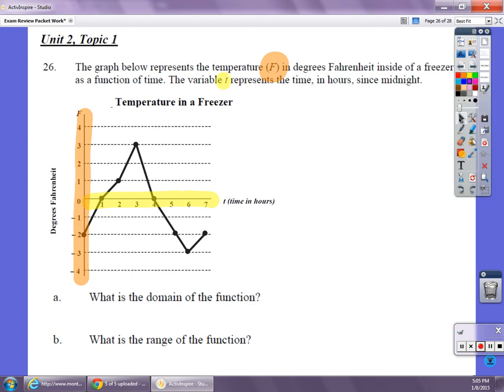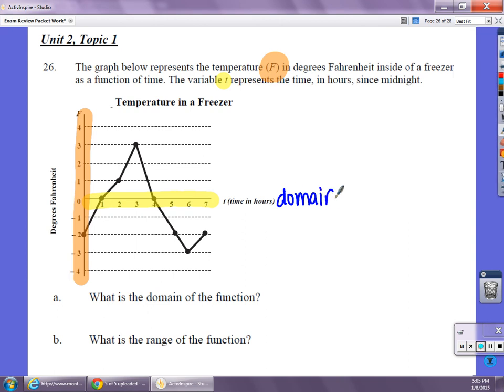Okay. What is the domain of the function? Well, remember the domain is going to be on our horizontal axis here. So the domain is the time. But we don't just want to identify what it is in words. We want to talk about it with numbers.